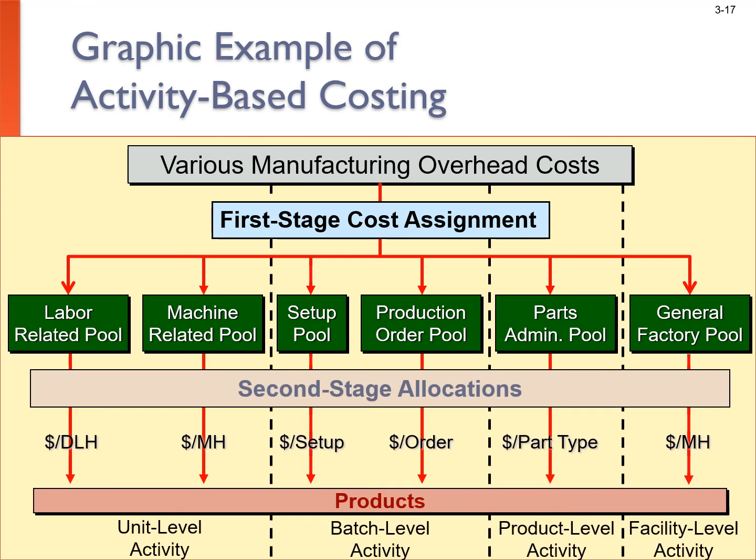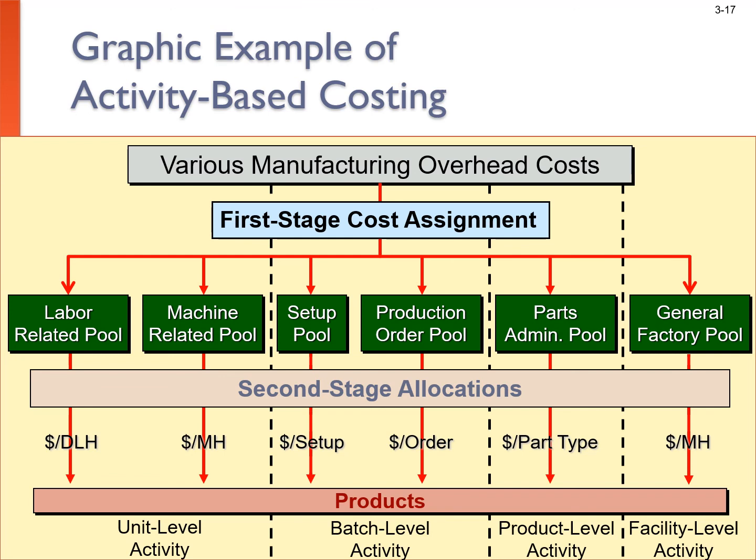From there, the second stage is how will you allocate each of those pools, and what level of activity are they for? So a labor-related pool and a machine-related pool could be measured by direct labor hours or direct machine hours, and that's considered a unit level activity. Setting up the machinery and creating production orders are considered batch level activities, and the number of setups and the number of production orders would be the way to allocate those.